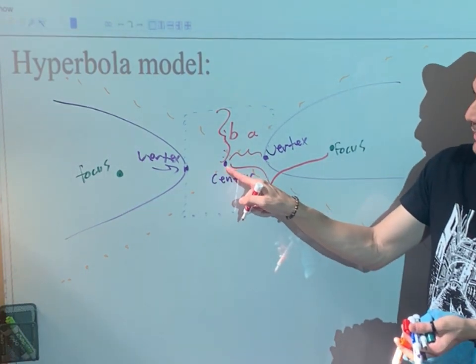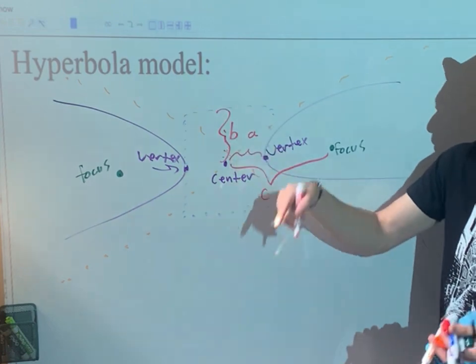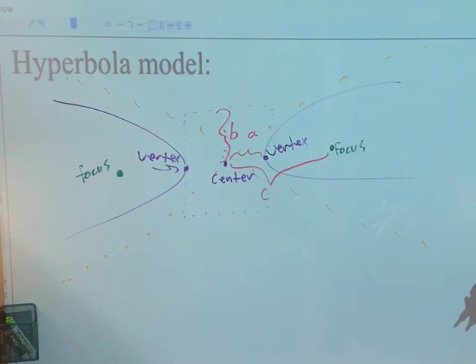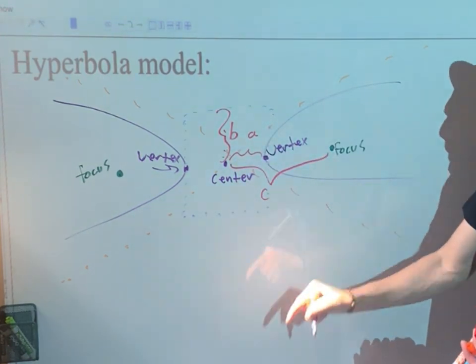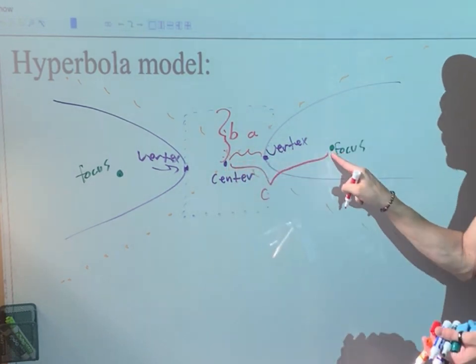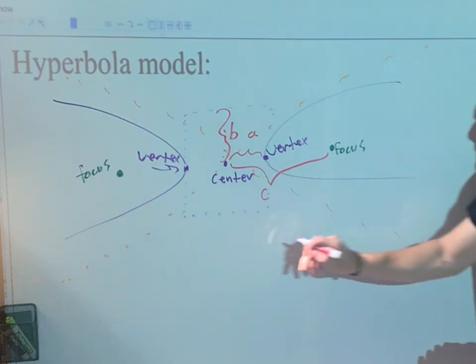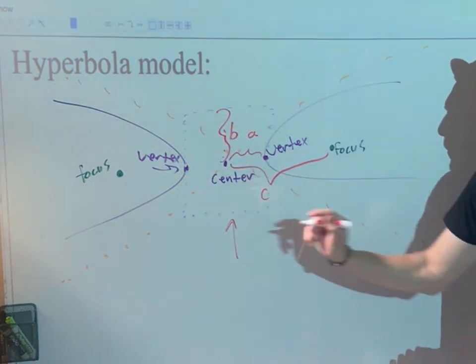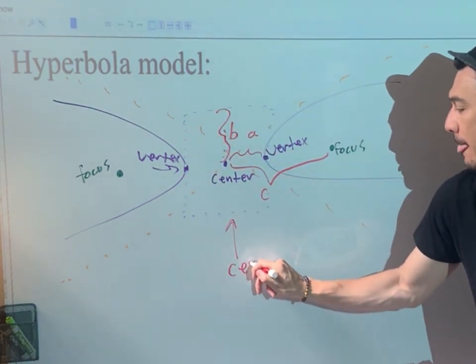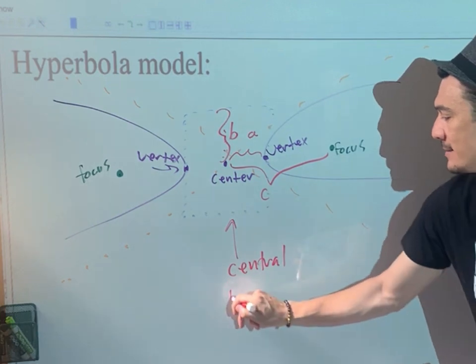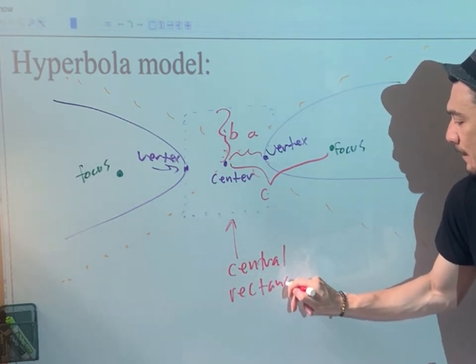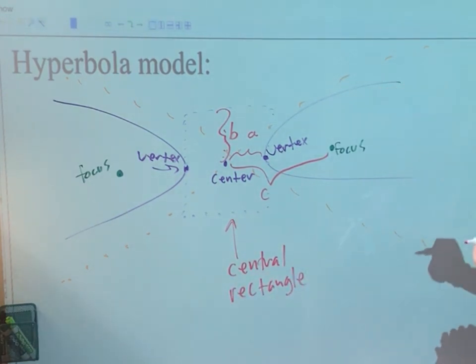B is from the center to one of the sides of your box. And then C goes from center all the way to your focus. And I do want to say that some books call this dotted rectangle the central rectangle.